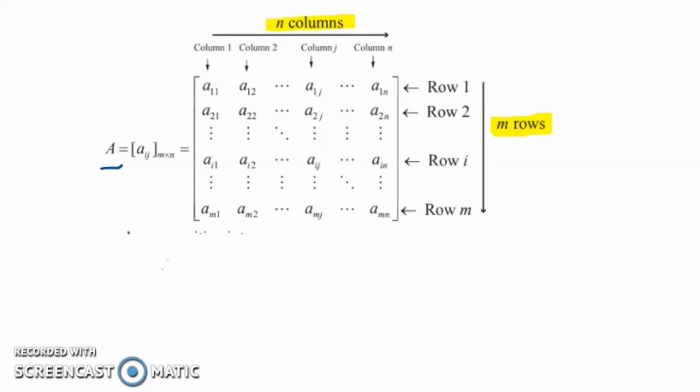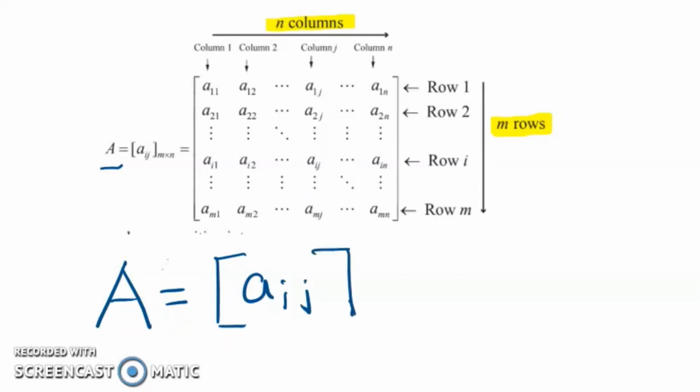Matrix A is written as a matrix that contains elements inside which are a_ij, where i runs from 1 to m and j runs from 1 to n.